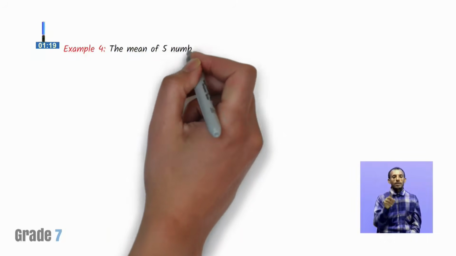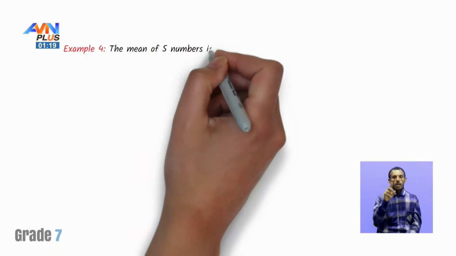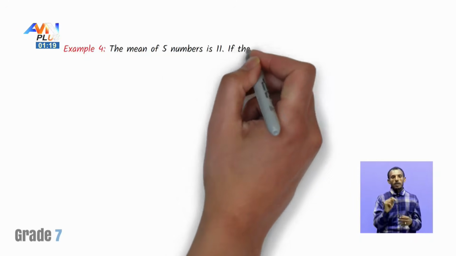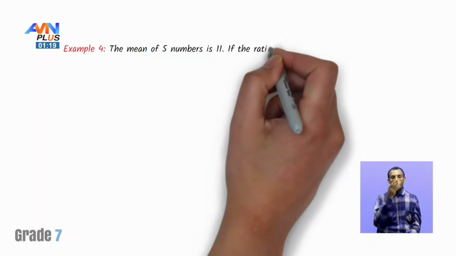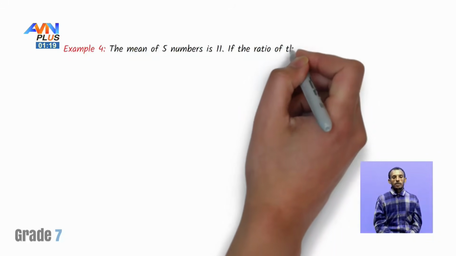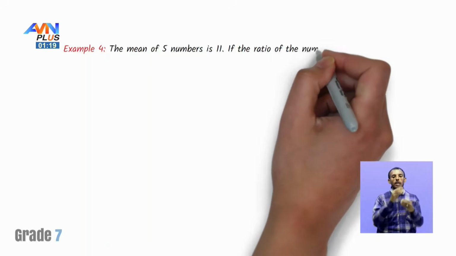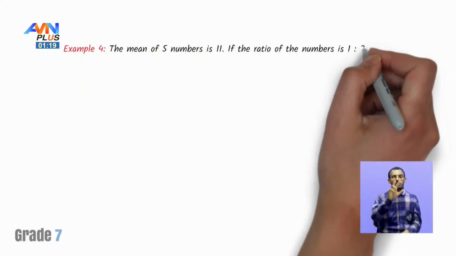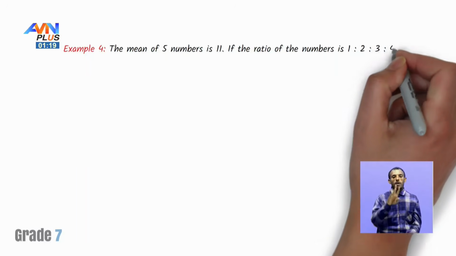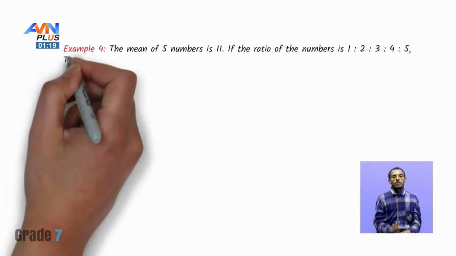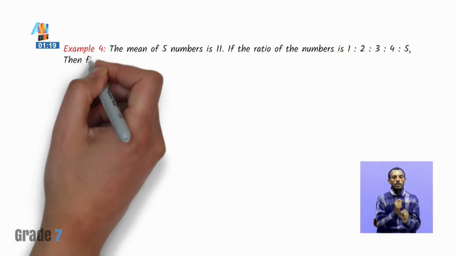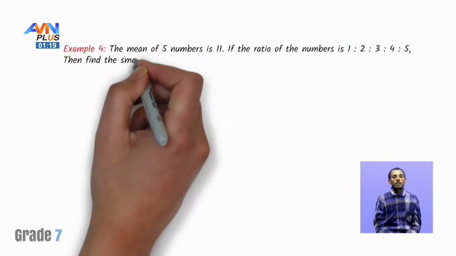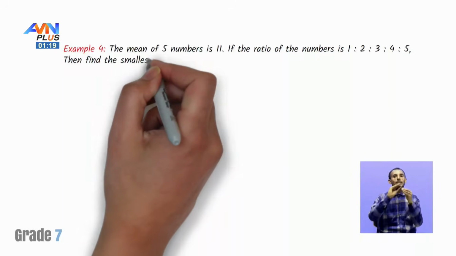If the ratio of the numbers is 1:2:3:4:5, then find the smallest number.